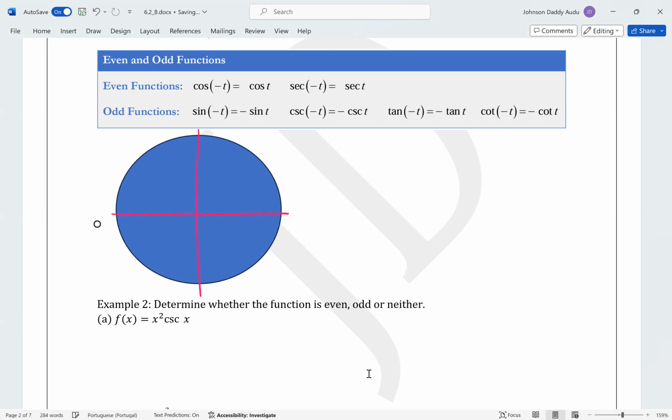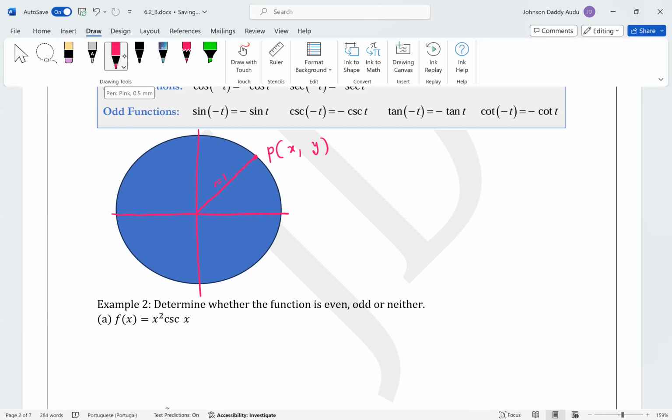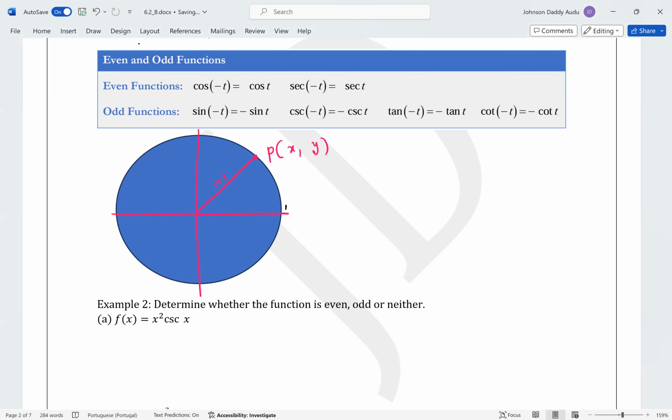Remember, let's assume you have a point P here, (x, y), and this is our radius, which we know is 1. We can move a distance of t along an arc.